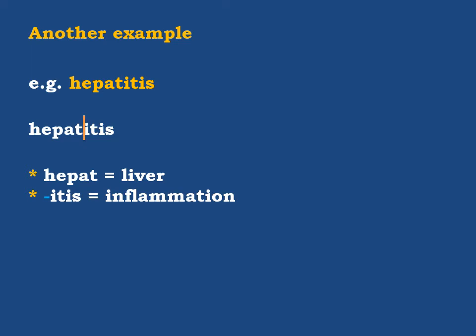It is not clear. So you have to make a meaningful phrase. In this case, you have to refer to language. So the full meaning here becomes what? Inflammation of the liver. And this is the meaning.